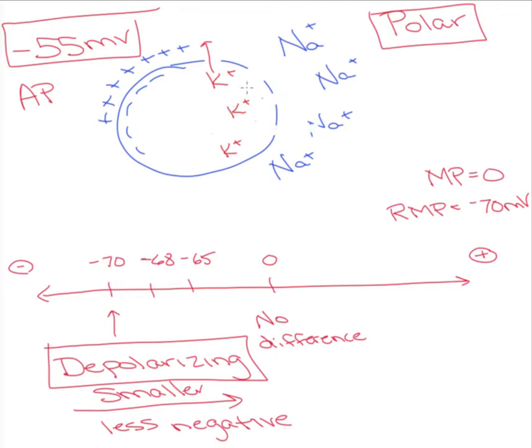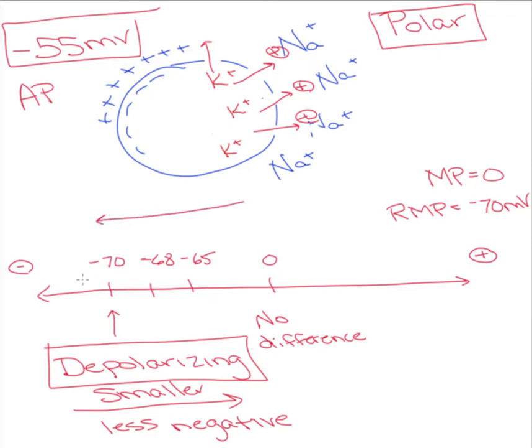Likewise, if we allow potassium to leave the cell, we are taking away positive charges from the inside, and we're putting them outside. We're making the outside more positive, and we're making the inside more negative. That's going to go the other direction now, right?